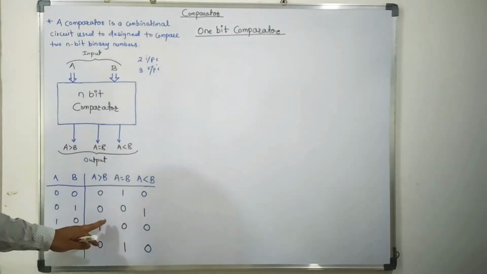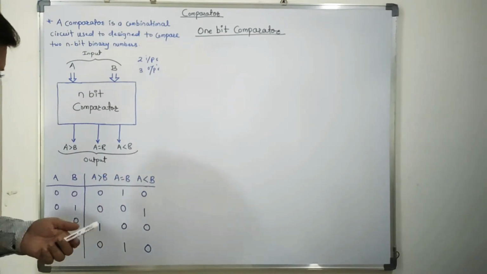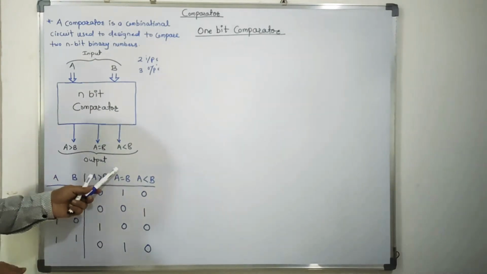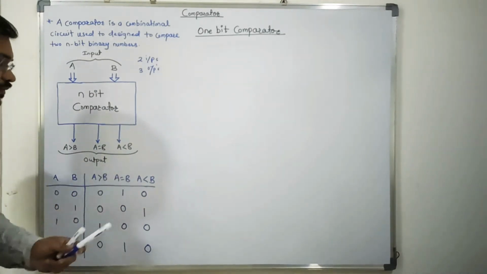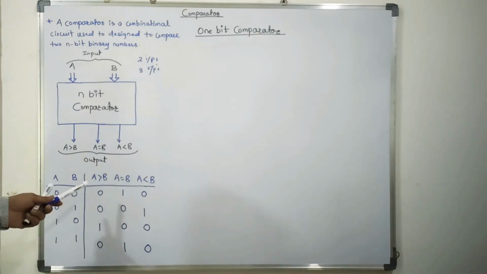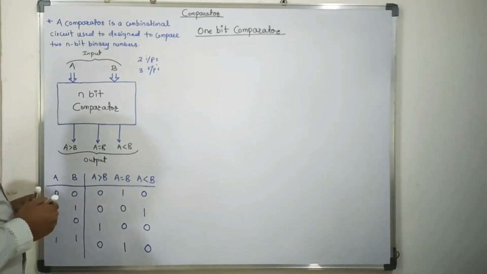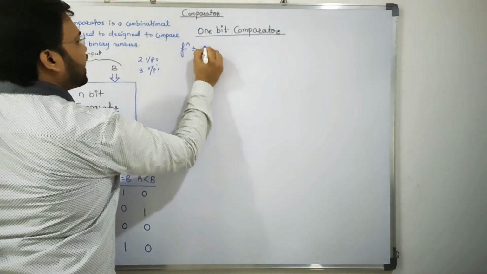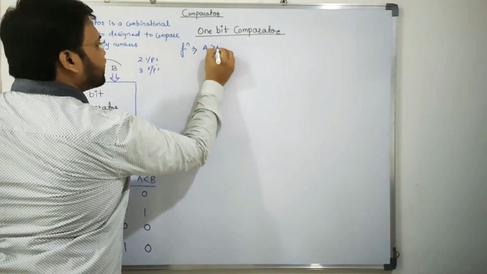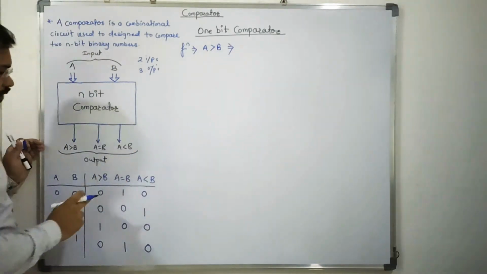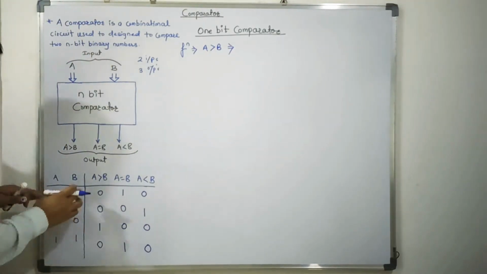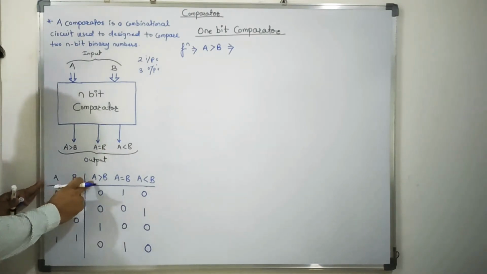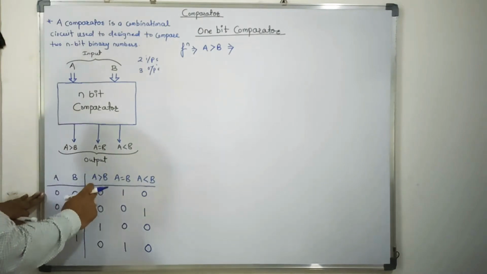Next, using this 1 bit comparator function table, we write down the equation for each column: A greater than B, A equal to B, and A less than B. For A greater than B, we would normally use a K-map, but here there is no need to draw it, we can write the equation directly.